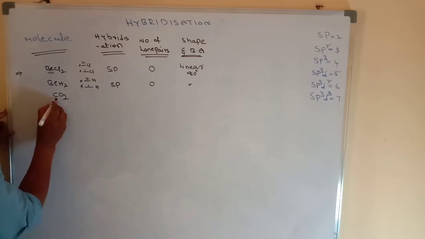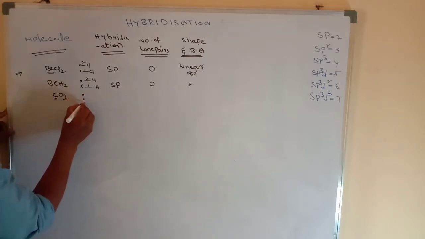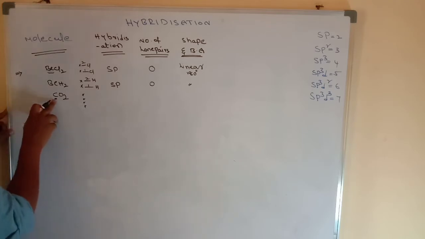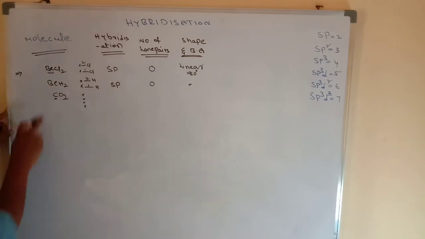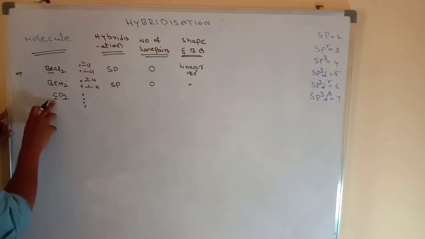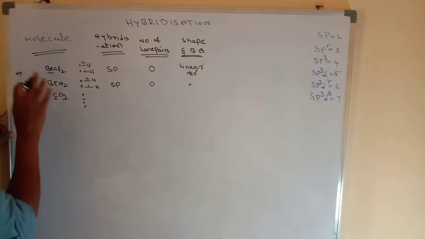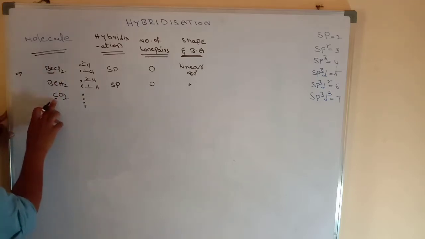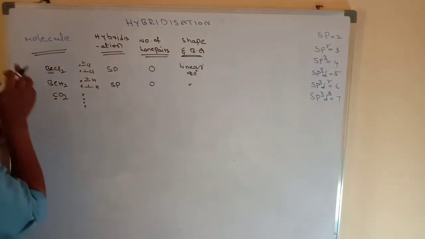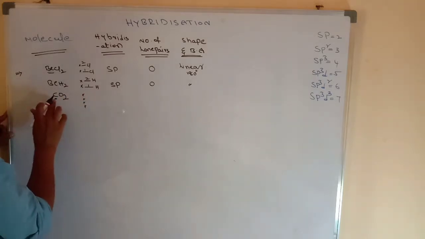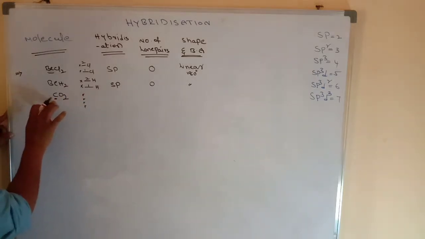CO2: carbon belongs to the fourth group. Write 4 dots. For this we have to know the group number of the central element. If you don't know the central element's group number, write the electronic configuration; the number of outer shell electrons is the group number. Here carbon has 4, so it is the fourth group, and it is the central atom in CO2.